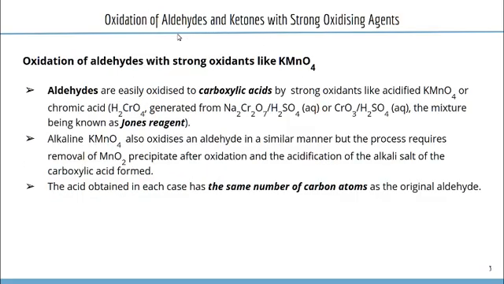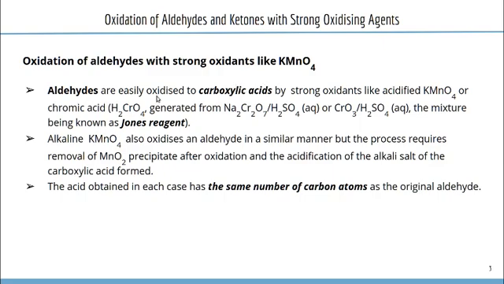Moving on to the oxidation of aldehydes and ketones with oxidizing agents. Mainly we have two types of oxidizing agents, strong oxidizing agents and mild oxidizing agents. First, let us discuss the oxidation of aldehydes and ketones with strong oxidizing agents like KMnO4 or chromic acid.